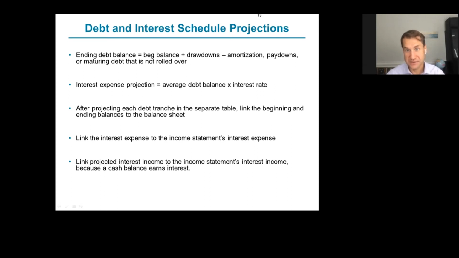So one instance I gave you was with cash. Another instance is going from the beginning to the ending debt balance. To get to the ending debt balance, you need quite a few components. So when you take the average, you're creating a circular reference in your model. And again, the reason I bring it to your attention is that circular reference could create a mechanical problem in Excel.